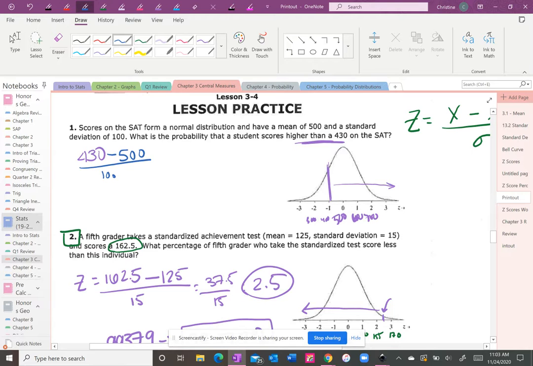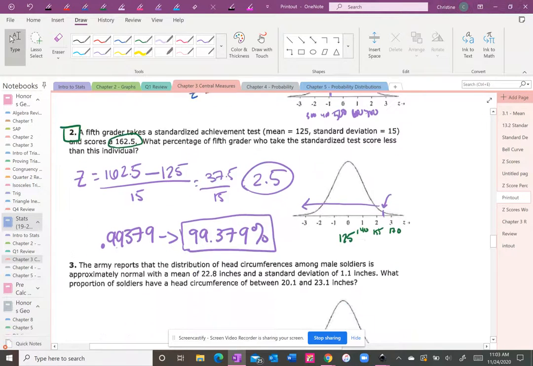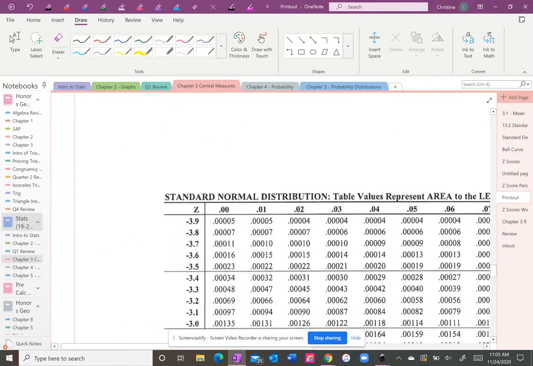430 minus 500 is obviously negative 70 divided by 100 is negative 0.7. That is my z-score. I'm going to the table. It's negative 0.70.